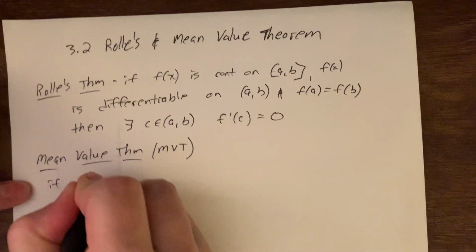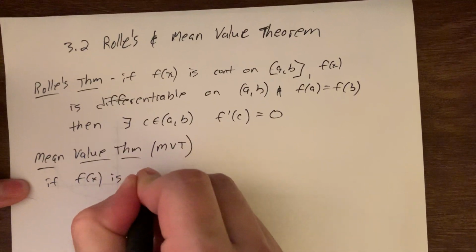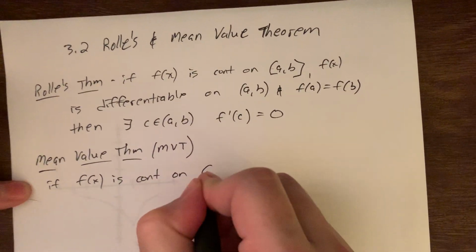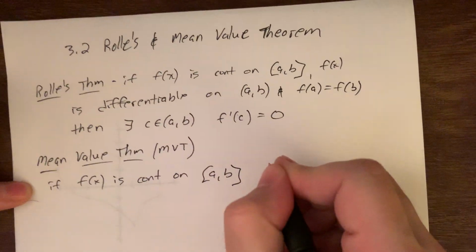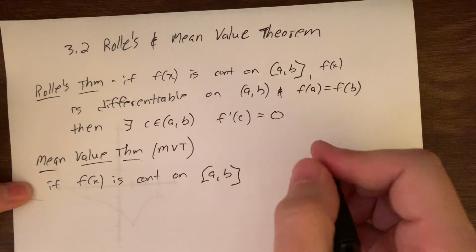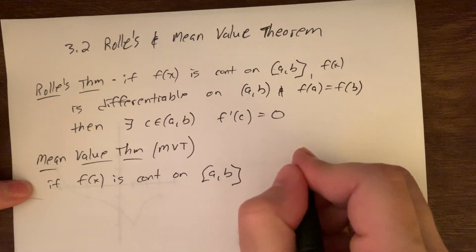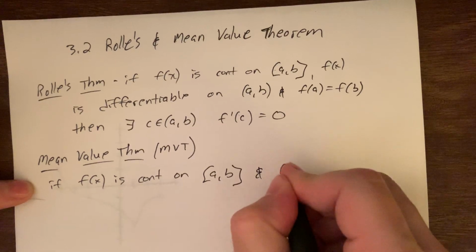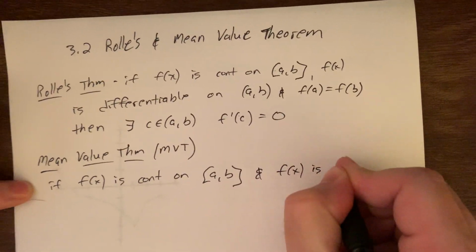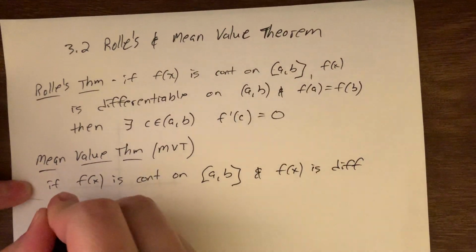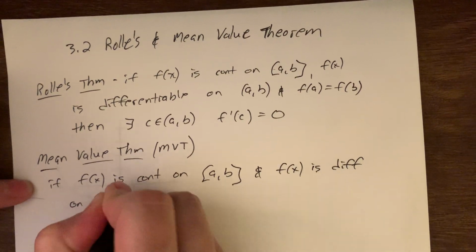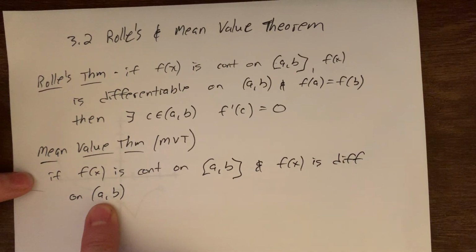If my function f of x is continuous on a closed interval, but now this only has a second condition, not a third, and the second condition is the same, and f of x is differentiable on the open interval a to b.